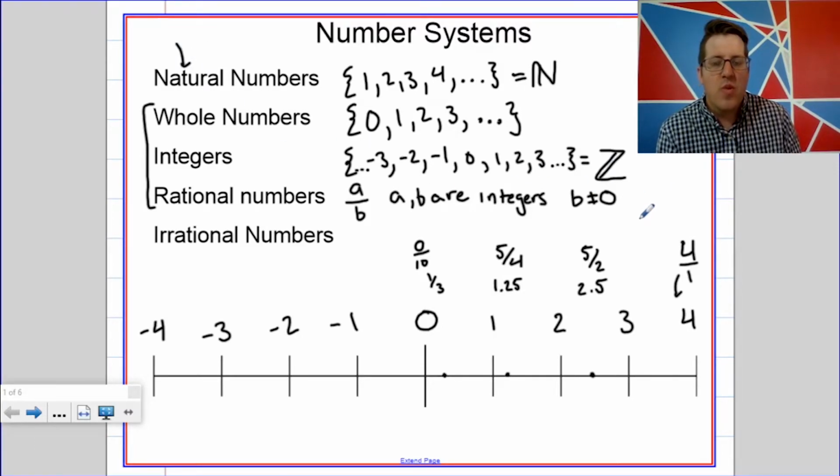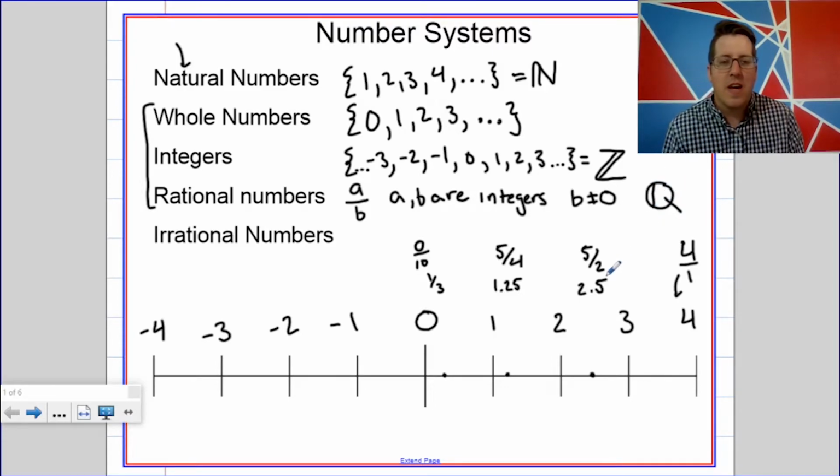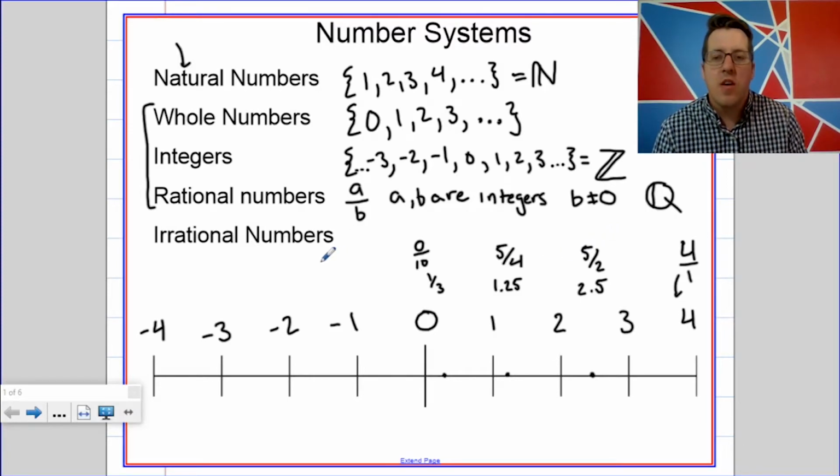The symbol that we use for rational numbers is a bold Q. So a Q with that second bar on it. And the Q stands for the quotient. So like the ratio or the quotient. Our final thing to fill in here are irrational numbers. So things like the square root of 2.